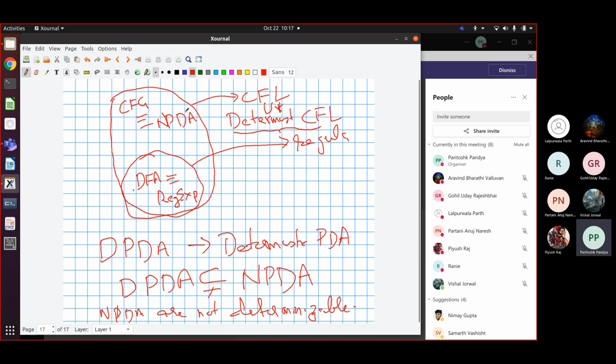So many important properties are failing for context-free languages. Firstly, they are not closed under intersection. They are not closed under complement. Also, universality of a context-free grammar is undecidable, whereas universality of regular languages is decidable, and regular languages are determinizable.